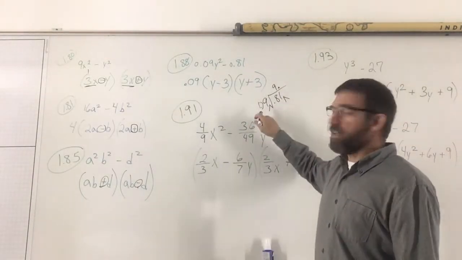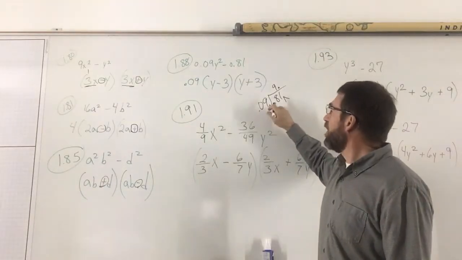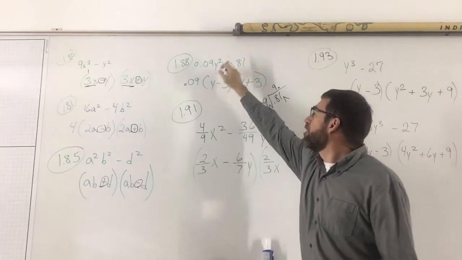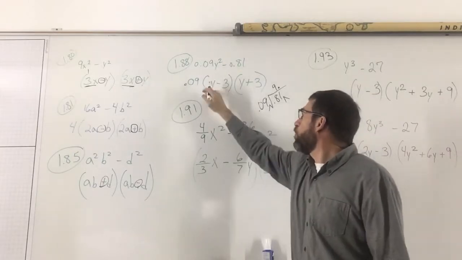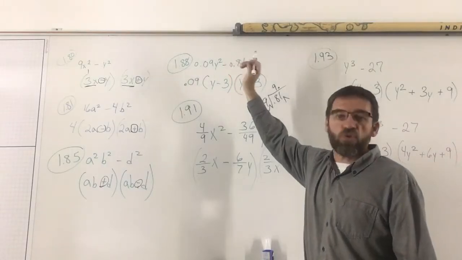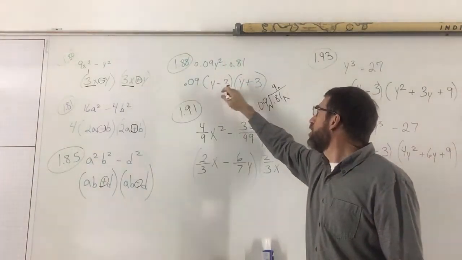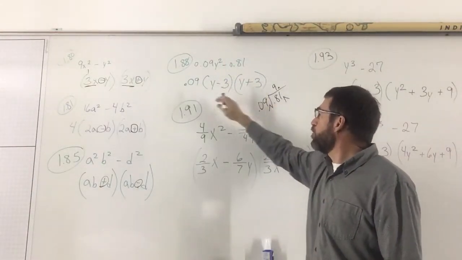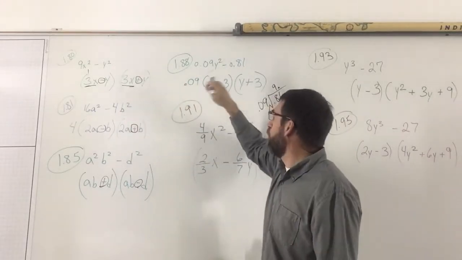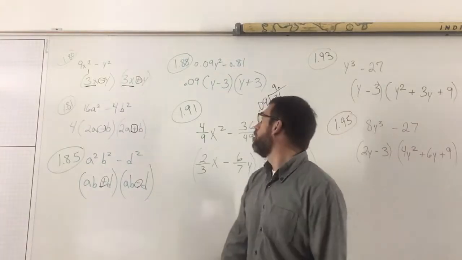There you go. 9 nines. So that left you with a y and a 9. Well, that wasn't hard. You brought one y down here, one y here. The square root of 9 was 3. So you put 3. So outside here, you extracted the 0.9, and you left that with y.